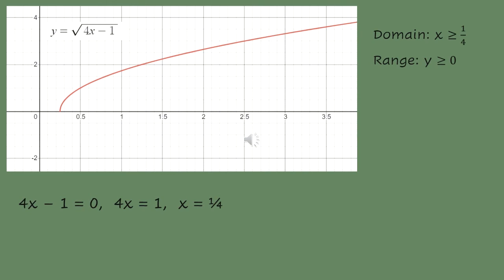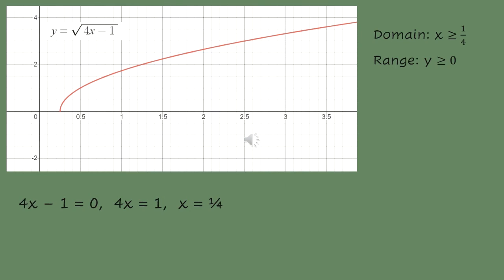So you could see from the graph that we hit the x-axis, so y equals 0 on the x-axis, and then we get values above the x-axis, so y is positive, but we don't get any values below that. So again, the domain is x greater than or equal to 1/4, the range y greater than or equal to 0.